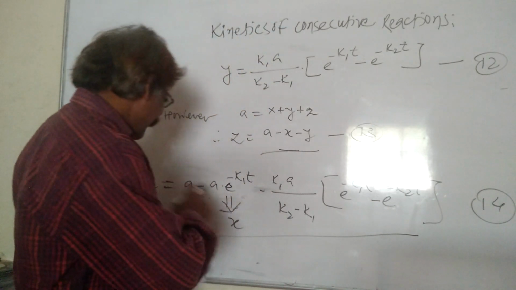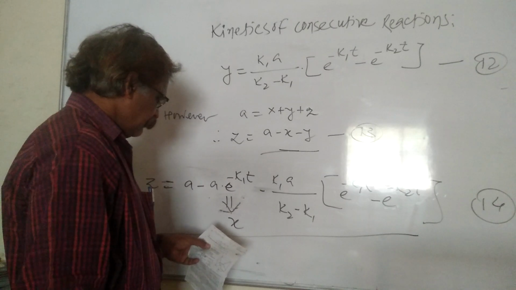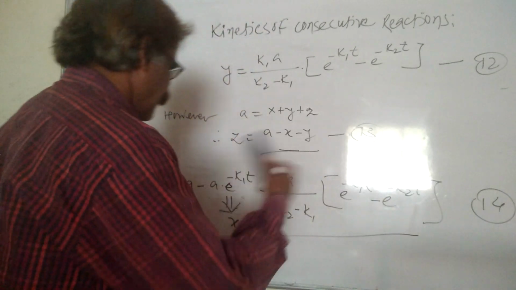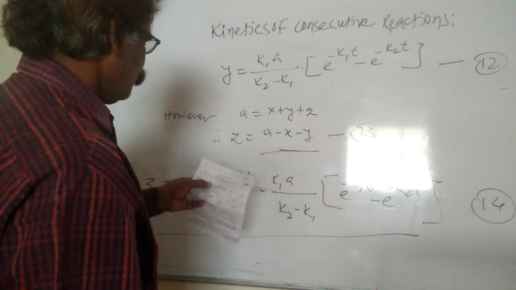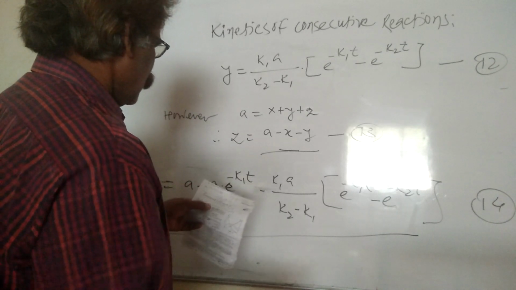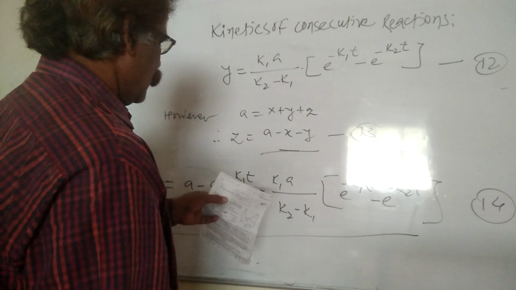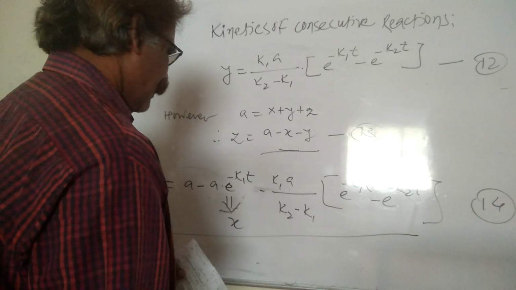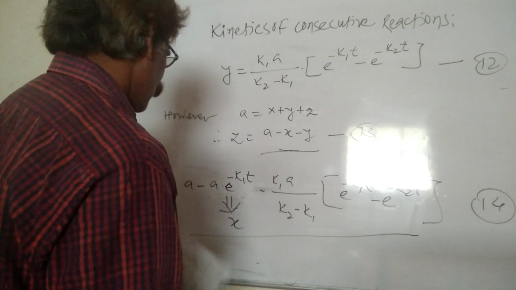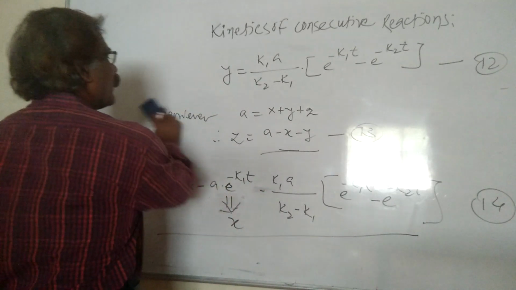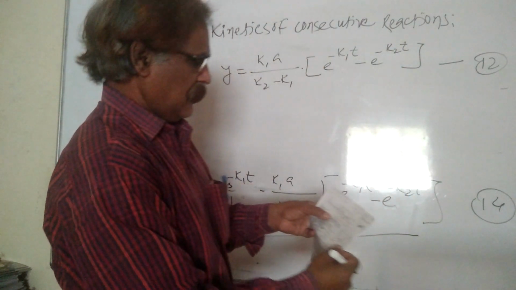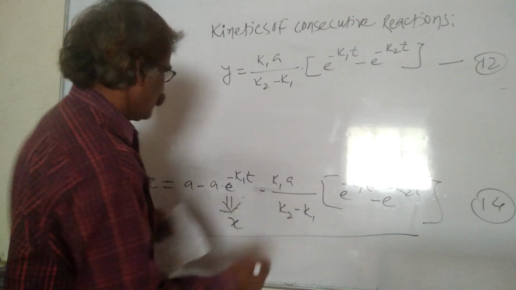Now we can write this equation number 14, taking a common, and the e to the power minus k1 into t minus e to the power minus k2 into t, and rewrite this equation number 14 in a little bit different way.